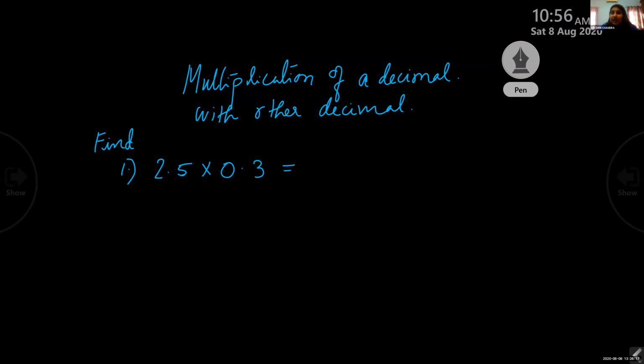Actually you have to multiply what? What is this number? 25. Okay, 25 into, what is this number? 0.3, that means 3. What is the answer we get? 75. We get 75.